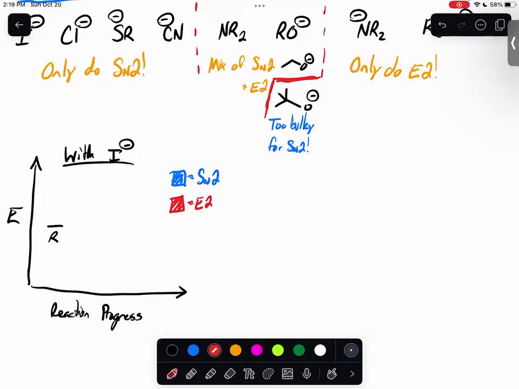Since it's such a bad base, it's actually going to be more endothermic because the bond between the hydrogen and iodide is going to be very weak. Versus an SN2, it's actually going to be relatively favorable. So even though both of these may end up with relatively similar activation energies, SN2 is so much more favorable because it has a highly favored delta H, right?